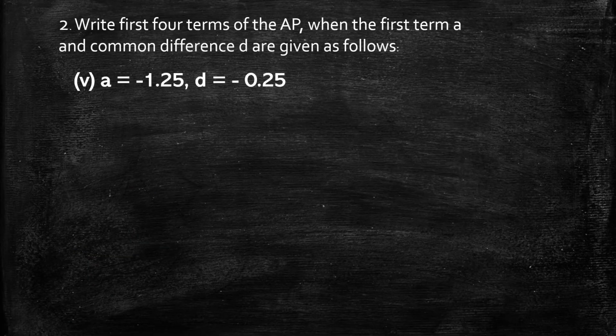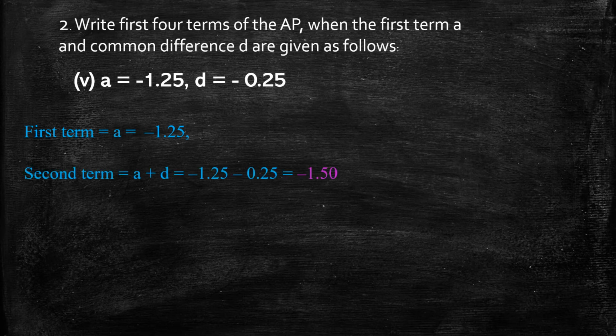The next term, children, A is minus 1.25 and D is minus 0.25. So A is minus 1.25 means the first term is minus 1.25. The second term is first term plus the common difference, isn't it?